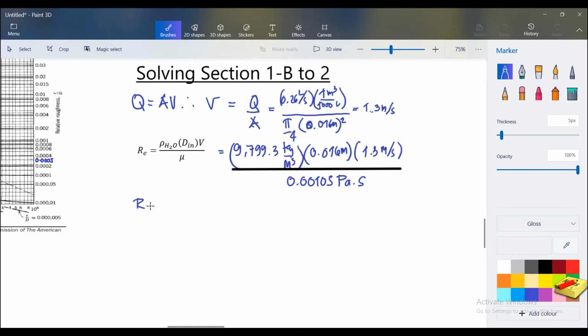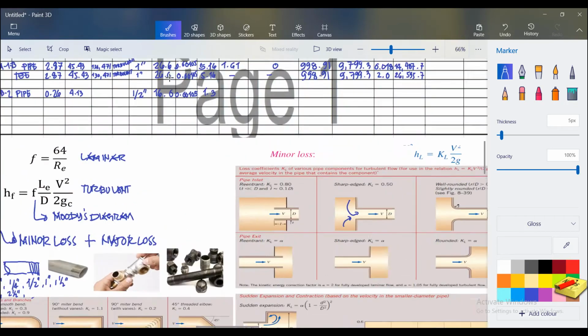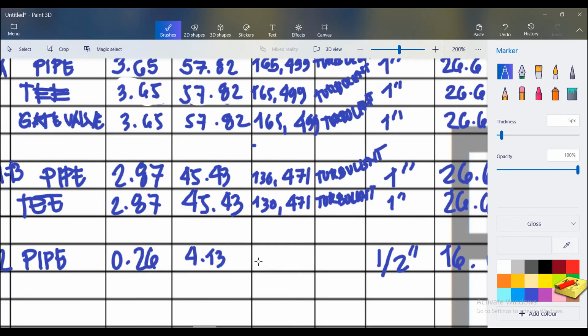So we have now your Reynolds number is equal to 193,723.3. So inputting in our table, tumaas tayo, since mapapansin nyo, value niya is lumaki because nagliit tayo ng diameter. So this is again a turbulent flow.